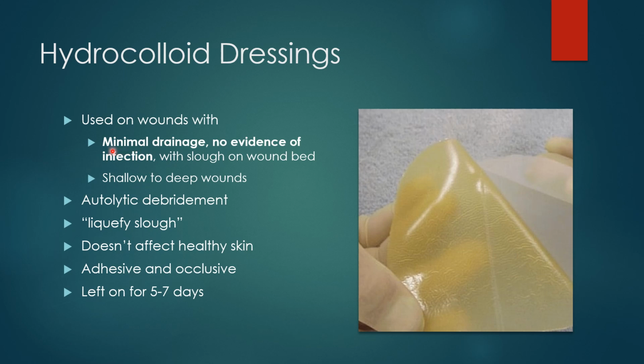And we need to have our assessment skills on par as we're looking for other signs and symptoms of infection other than just that presence of the pus, because that pus may not actually be a purulent drainage. It might just be the exudate from the wound or from the dressing itself.